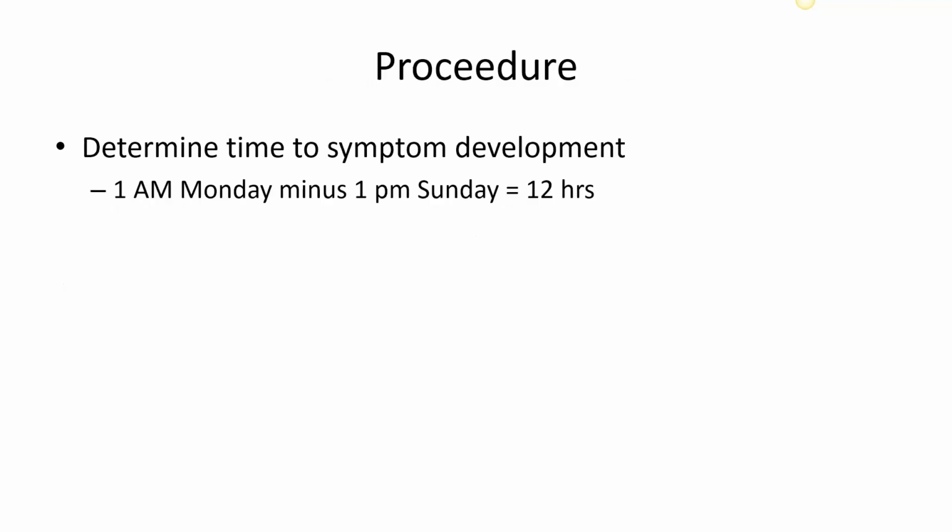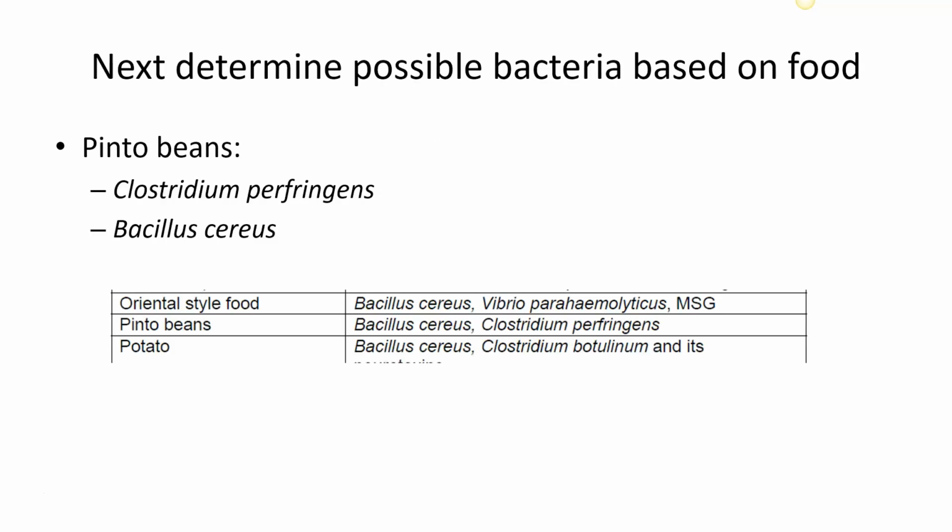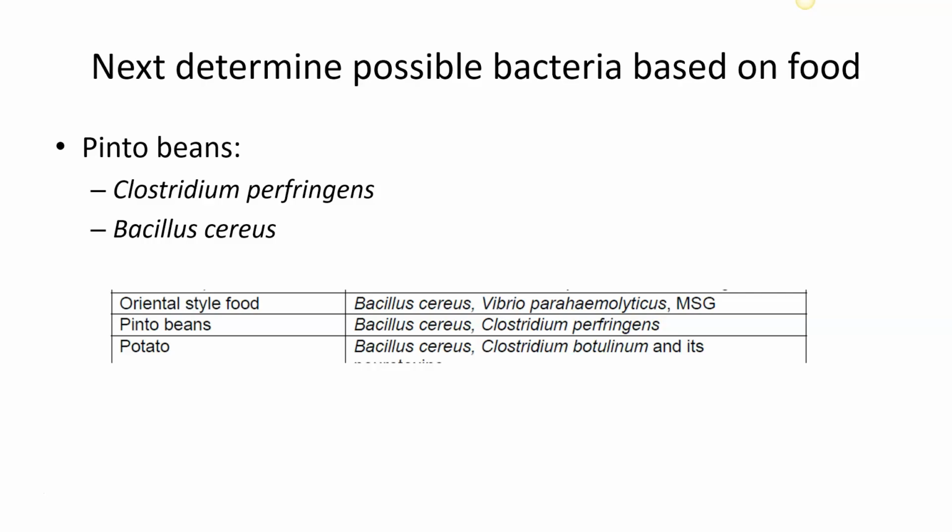Now, what do they do next? It says procedure. Determine time of symptom development: 1 a.m. Monday minus 1 p.m. Sunday equals 12 hours. Next, determine possible bacteria based on food. We had pinto beans, and pinto beans gives us a possibility of Clostridium perfringens or Bacillus cereus, right?